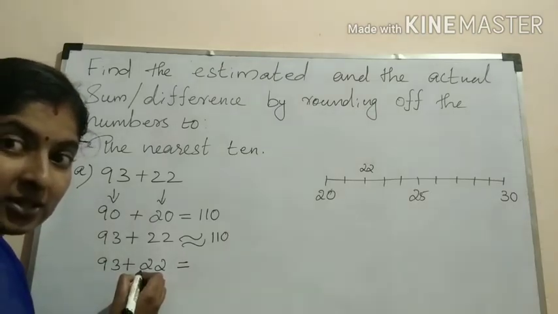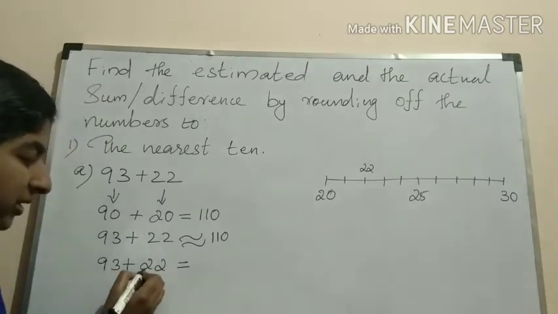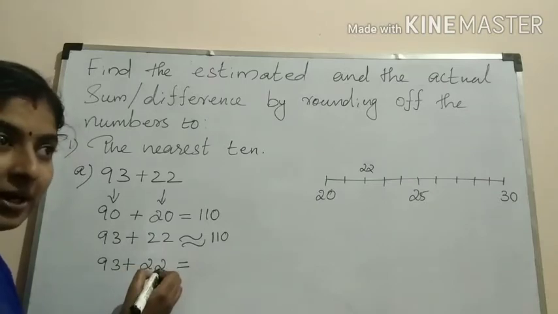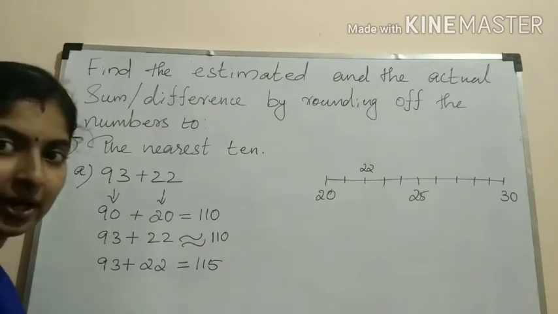Do you remember that mental addition? That one you apply here. 90 plus 20, 110. Then 3 plus 2, 5. 115. Actual sum is 115.